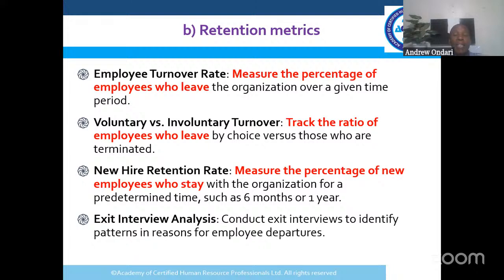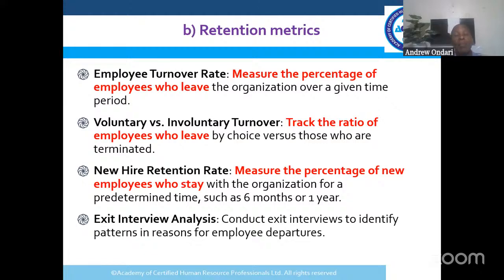And what are the examples? 1, dismissal. 2, redundancy or what they call retrenchment. And 3, retirement. Once you reach the mandatory age of 60, you retire. So you look at voluntary versus involuntary. How do they compare? People who leave by choice against those who are terminated.